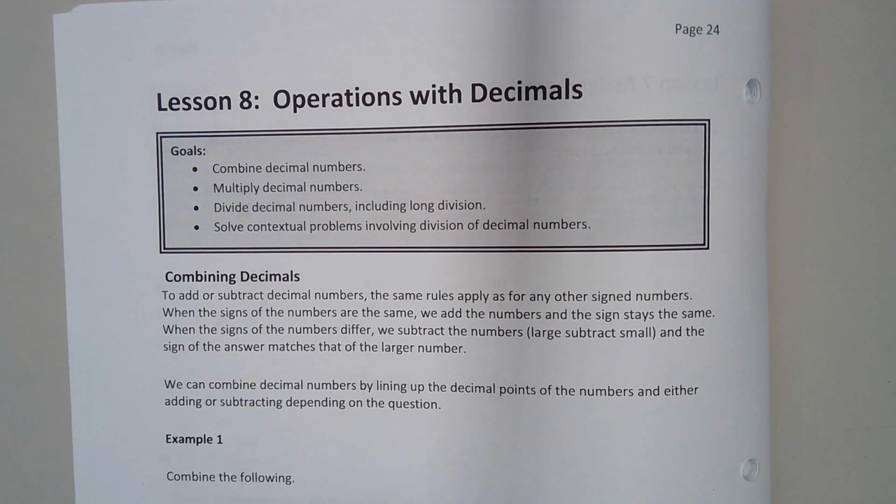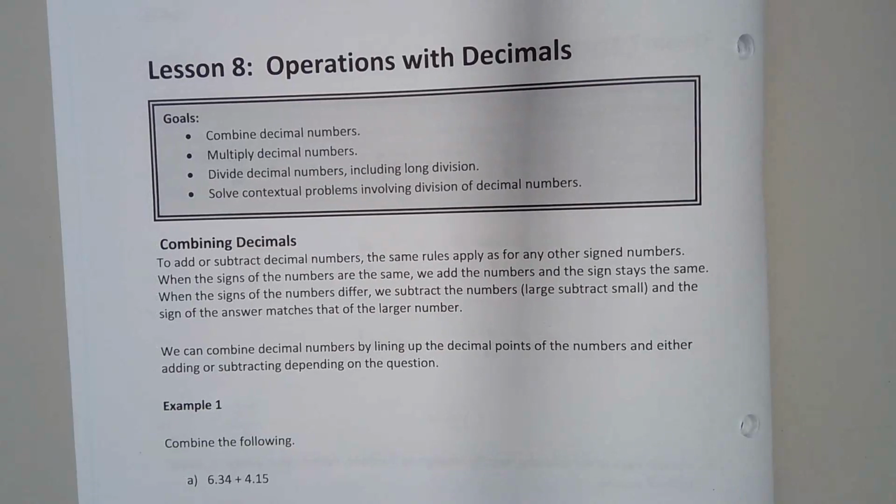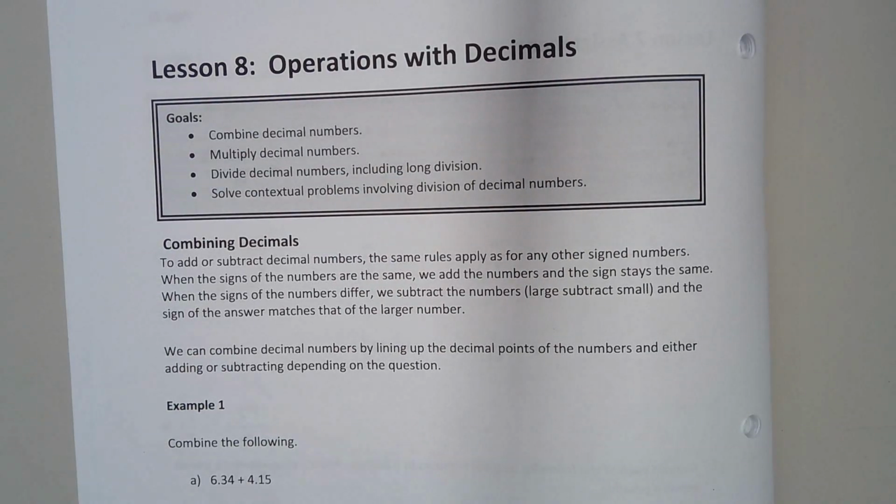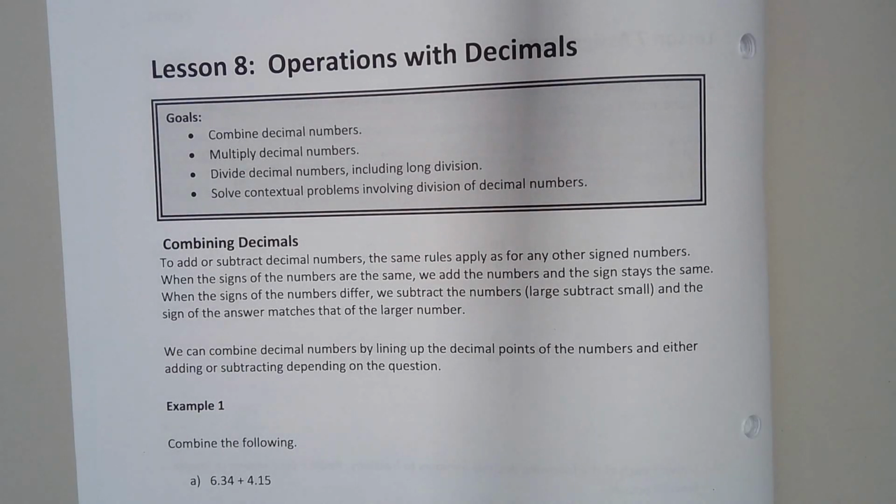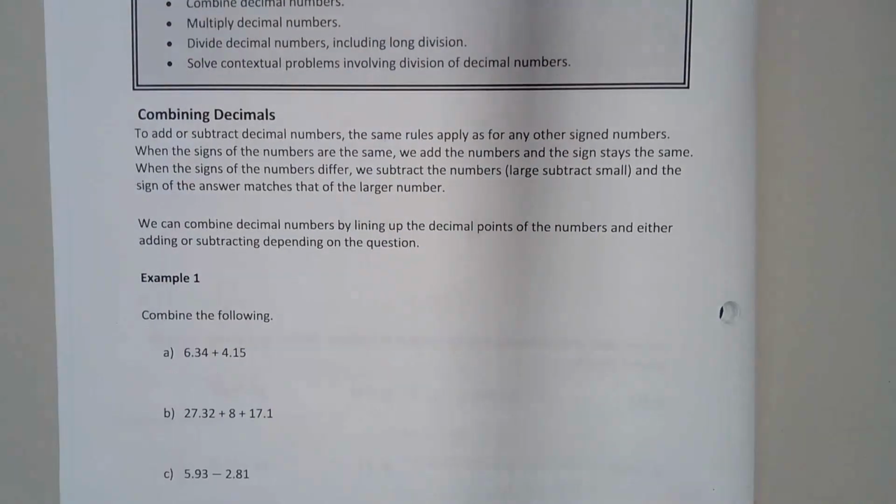We'll just use our calculator to speed things up because we want to make sure that we're getting through everything. So in terms of lesson 8, our goal is to combine decimals. That means to add or subtract, multiply decimals, divide decimals, and then use some word problems on how to do this, right? So combining decimals.